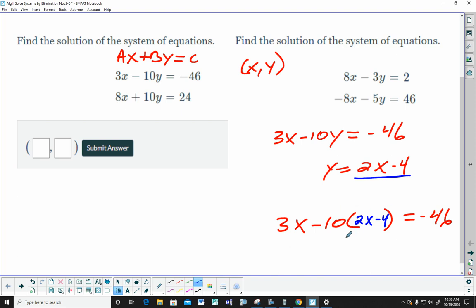Distribute the negative 10 and so on. This is much easier. Also notice, this was in standard form, and this was in slope-intercept form. But with these, they're both in standard form.